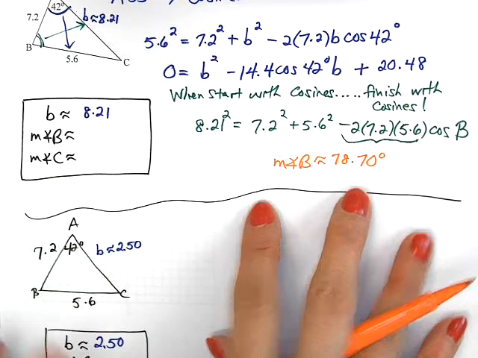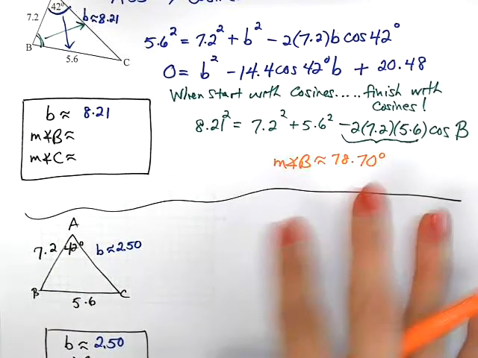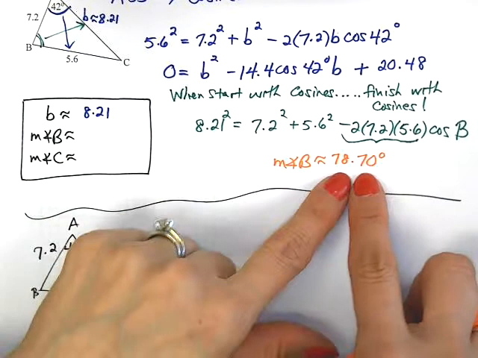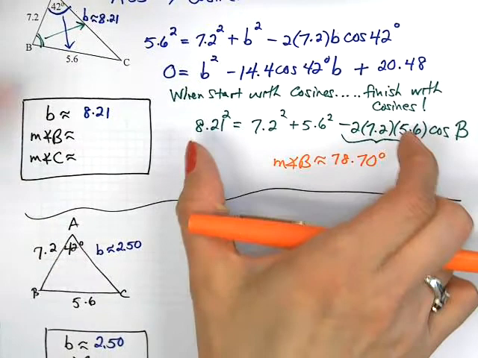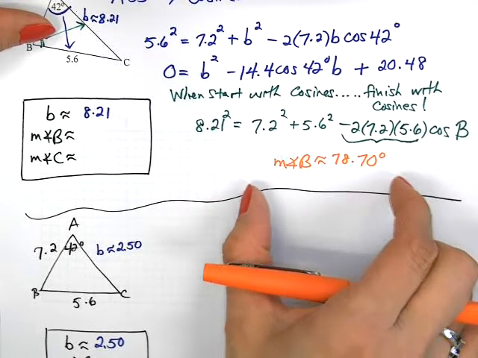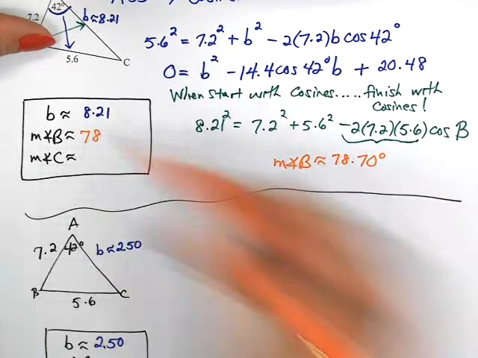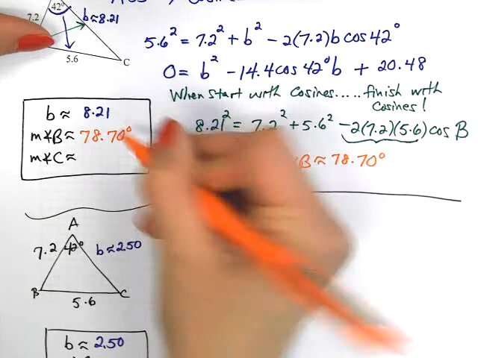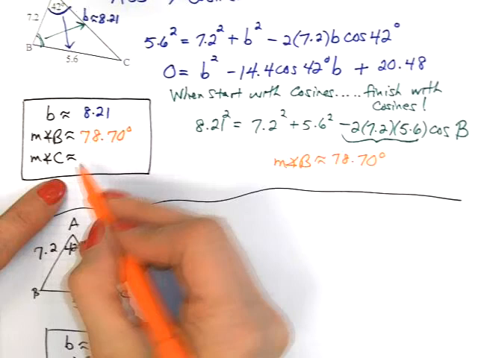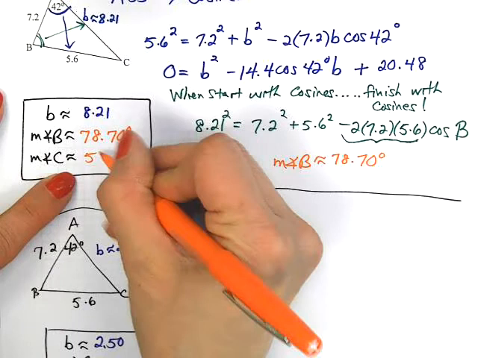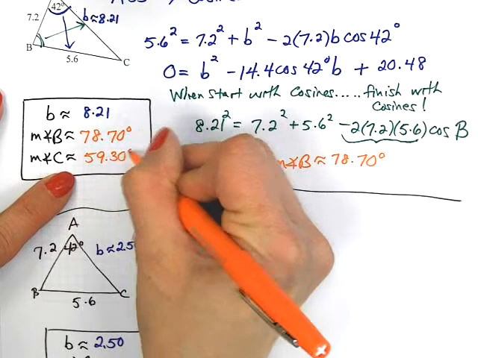Watching me set this up and understanding what I'm doing and being able to type this and get the right answer are two different things. I need you to practice this and see if this is exactly what you get. So please stop the video and try that. Then we're just going to subtract from 180 to find the measure of angle C, and that's 59.30.